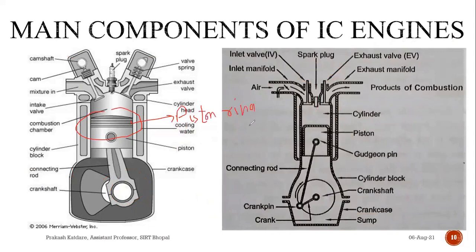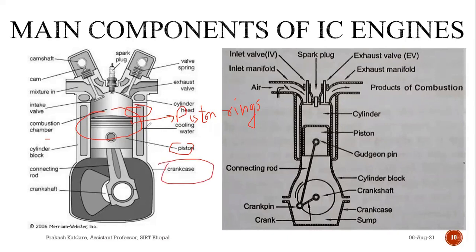These rings which are on the piston are basically slots which are formed around the piston, and they provide a tight seal between the piston and the cylinder wall and prevent the leakage of combustion gases into the crankcase.